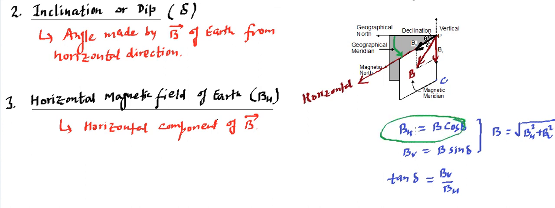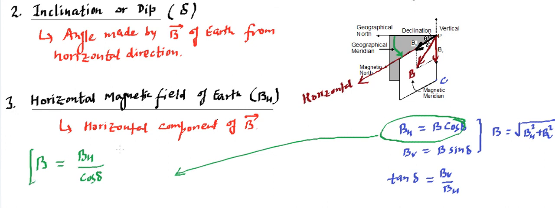Then, from this, the net magnetic field is going to be equal to the horizontal component of magnetic field divided by cos dip or del. First we have used the declination to reach the magnetic meridian. Now we will use the dip del, and the third element, which is BH. If we know BH and del, then we can find the magnetic field in a nutshell. So this is how we can find the magnetic field's magnitude.